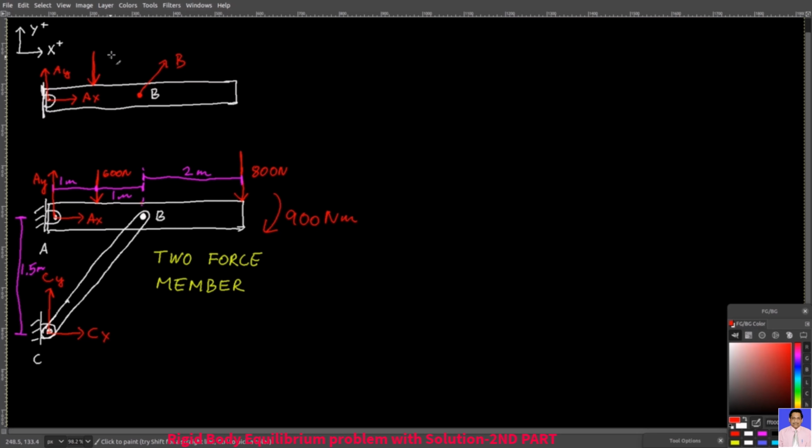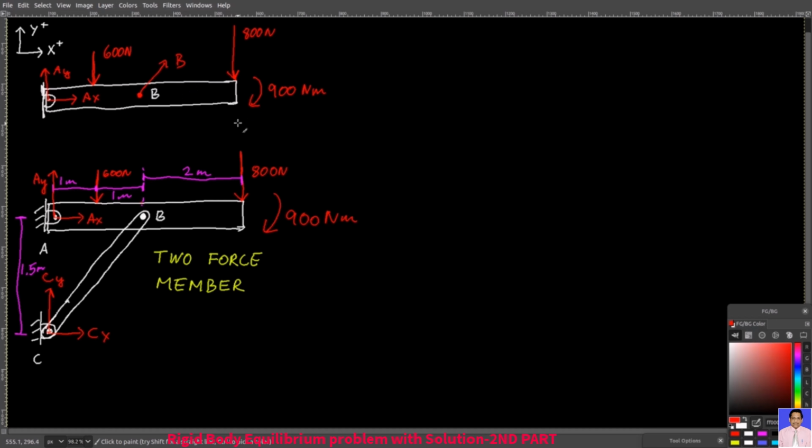And of course here you have this 600 Newton force, here an 800 Newton force, and here a 900 Newton meter couple moment. Let's use the rigid body equilibrium principles to solve for Ax, Ay, and B.